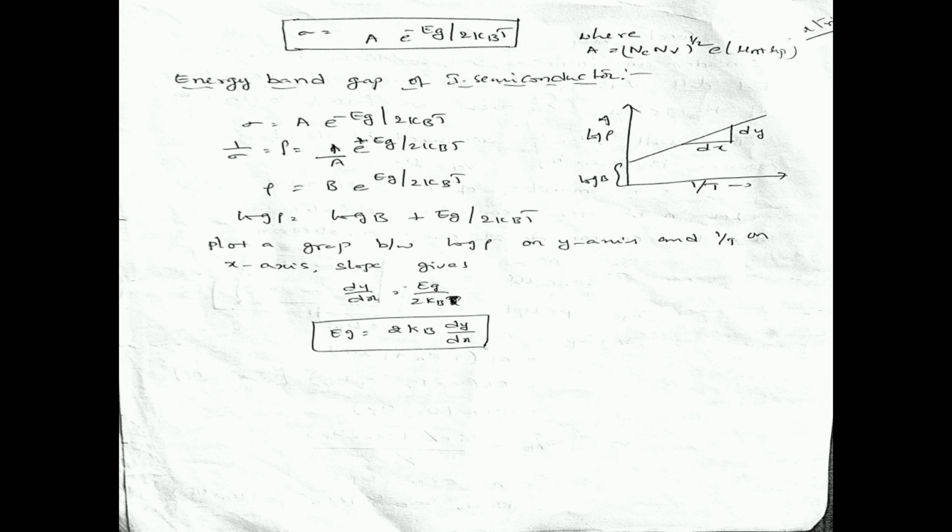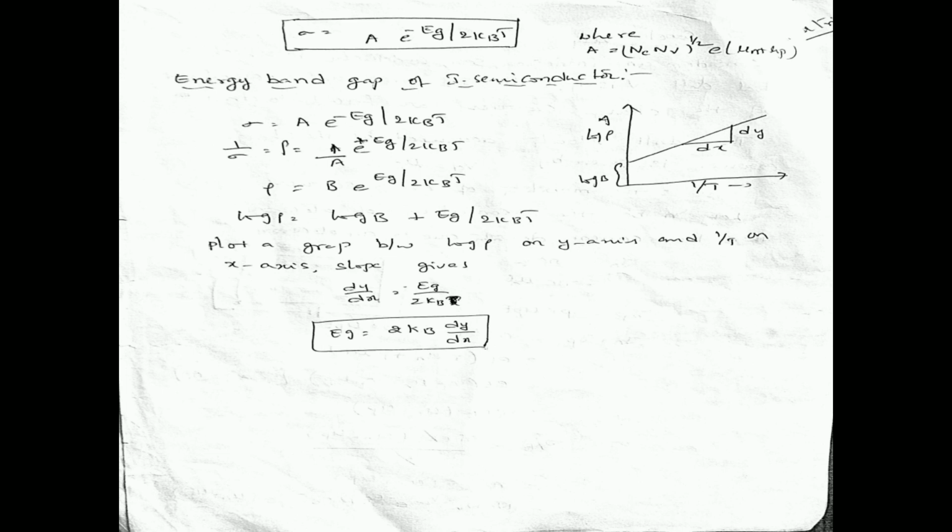So 1 by sigma is equal to rho, that is equal to 1 by A e power minus Eg by 2 kBT. The e power minus Eg by 2 kBT goes to the numerator, it becomes plus. So rho is 1 by A e power plus Eg by 2 kBT.